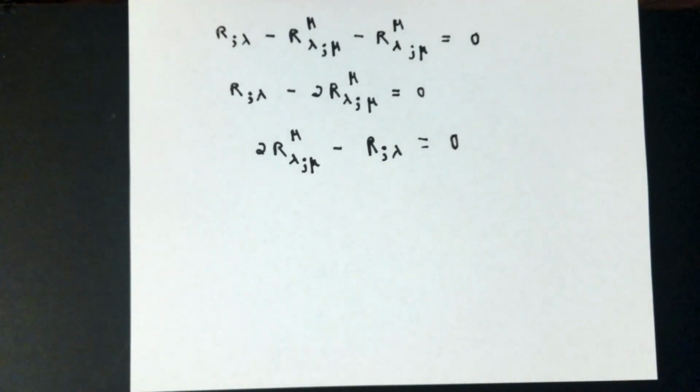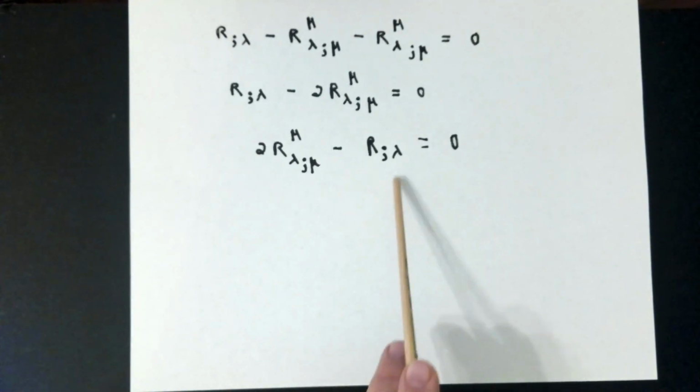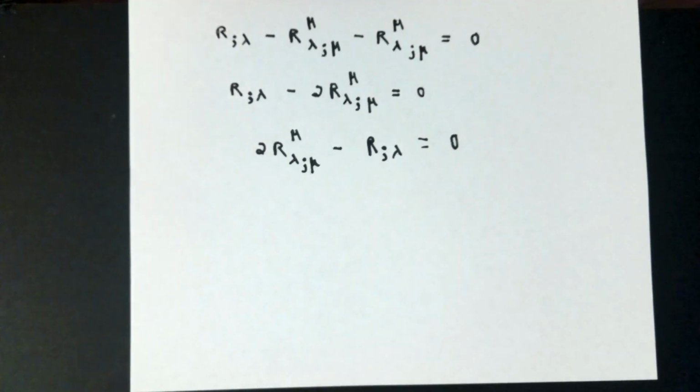In the first term, 2R mu lambda semicolon mu, there is a sum having index of summation mu. There is no mu in this second piece. I'd like to rearrange this just a little bit more so that I can have an index of summation.